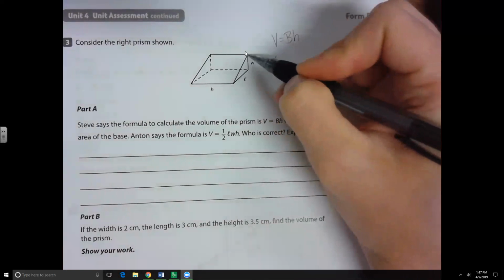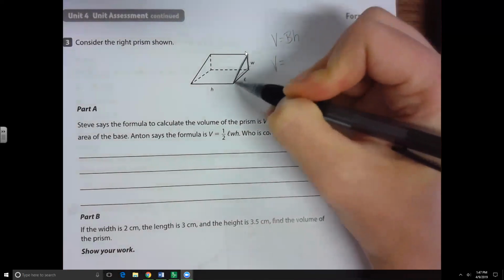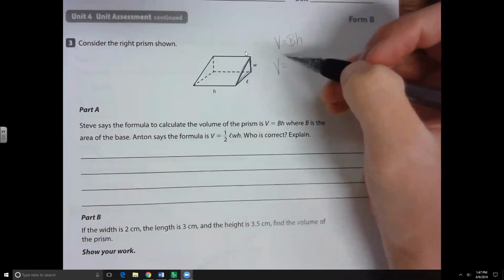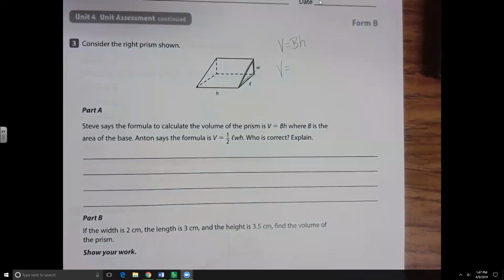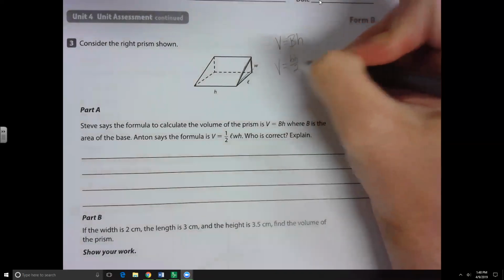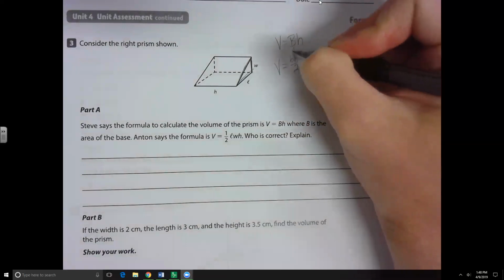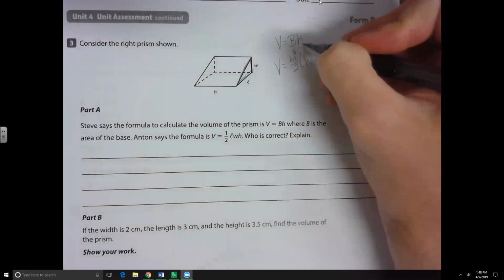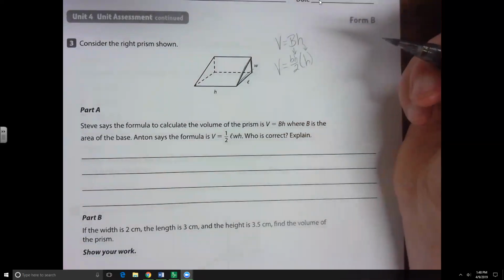Well, this prism is a triangular prism, so this triangle here is the base of that prism. So to find the area of a triangle, I do base times height divided by 2. That gives me my big B. And then I can multiply that by the H from the height, okay, of the prism.